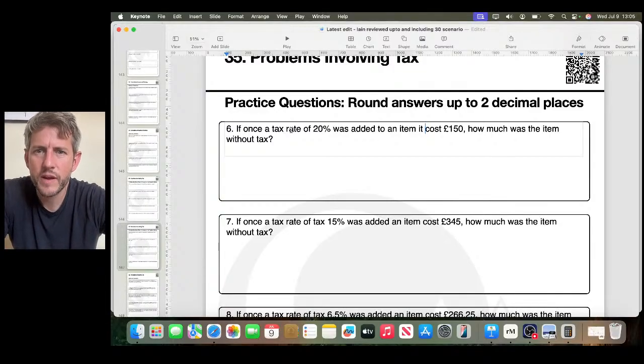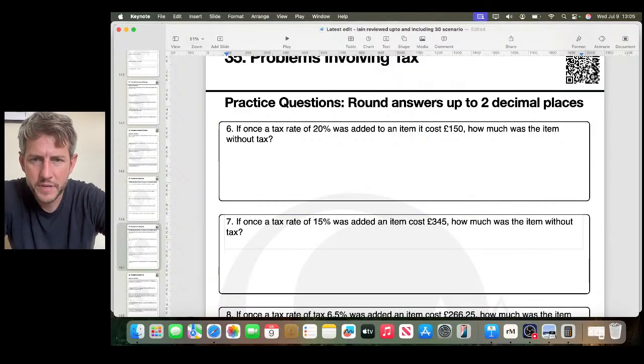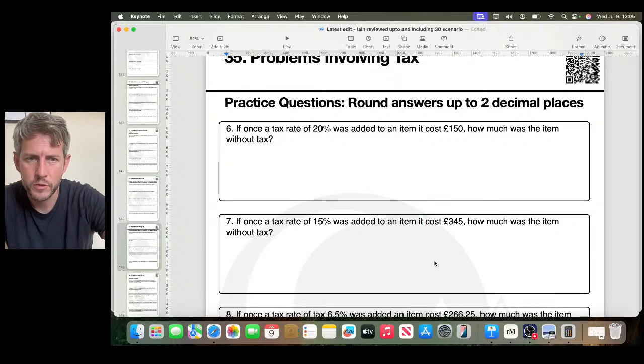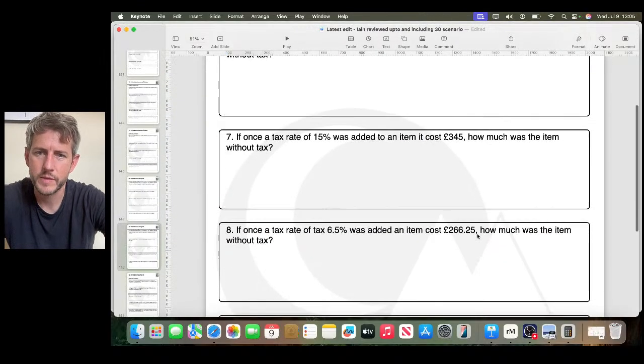If once a tax rate of 20% was added to an item, it cost £150. How much was the item without tax? If once a tax rate of 15% was added to an item, it cost £340. How much was the item without tax?